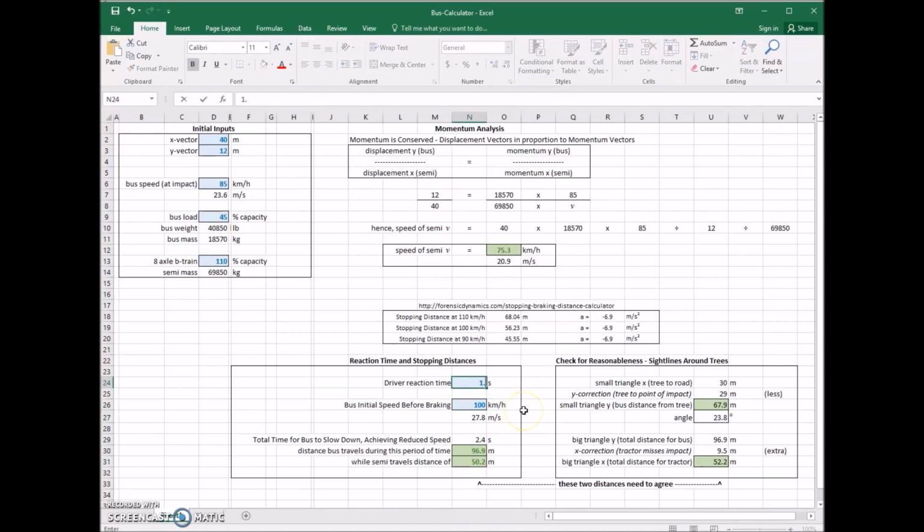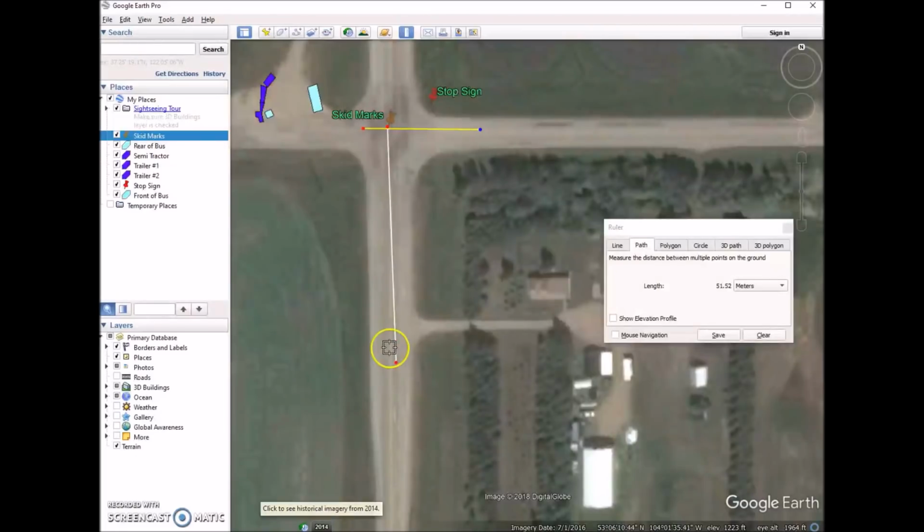So 1.85 maybe. Those are pretty close. Okay, so the bus doing 100 slows down to 85, semi doing 75. This is all mathematically plausible. That gives us a distance that the bus travels as 90, basically 100, and the semi 52. Okay, bus 100.